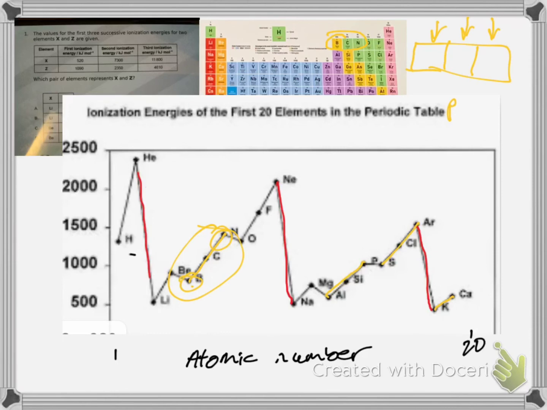So boron is a 2p1 because it's right there, so it's going to be like that.